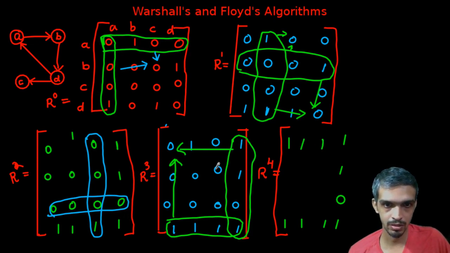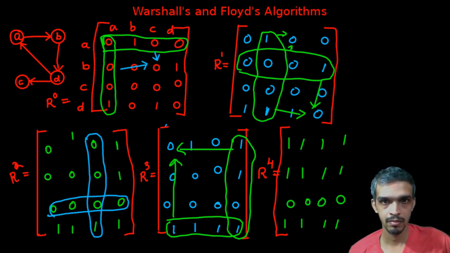So first all are ones. So you see that this will also become 1, these ones are zeros. So this is R4.